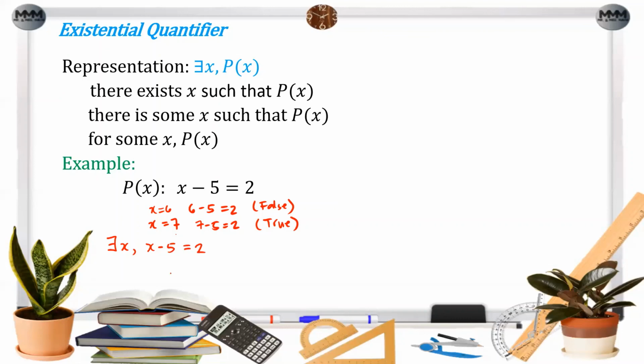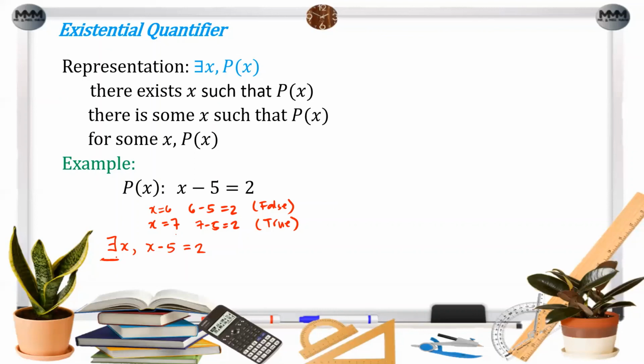So we can write this statement, and we use the existential quantifier. Take note, we can only use the existential quantifier, this symbol here, which means there exists, there is some, or for some, if there exists a value of x in which the predicate becomes true.